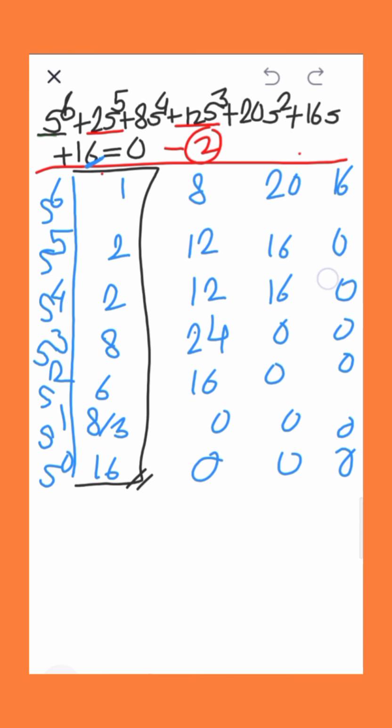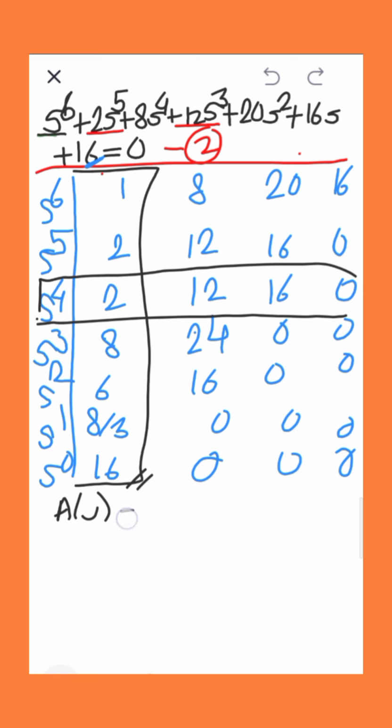To find out whether it is critically marginally stable or not, we have to consider the auxiliary equation, which we formed using the s to the power 4 row earlier. So s to the power 4 plus 12 s to the power 2 plus 16 equal to 0. Now we have to find out the roots of this.